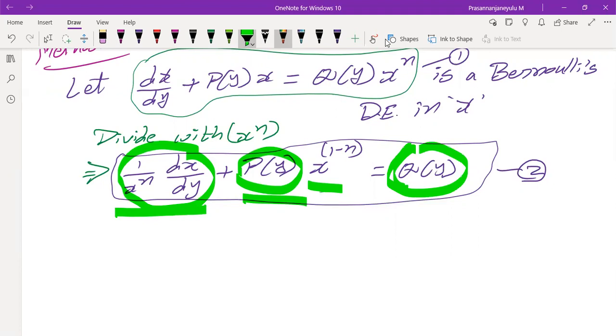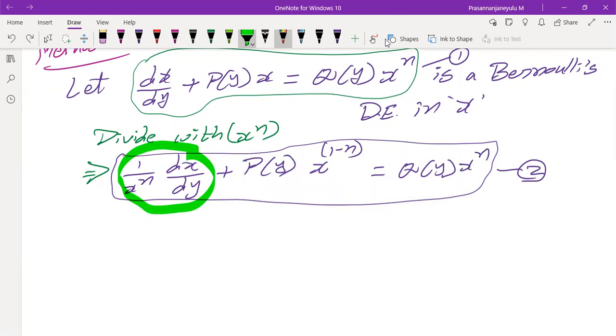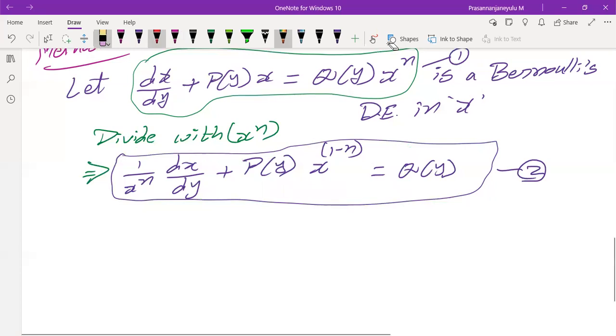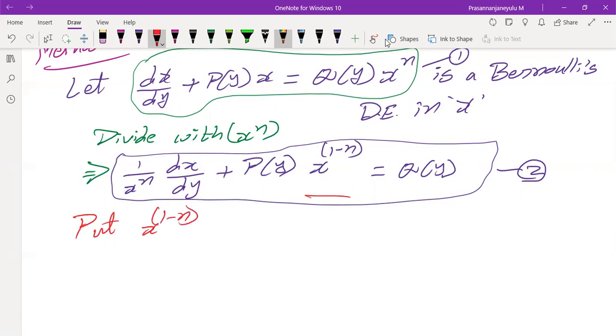Now, if we compare with the linear differential equation in terms of x, in place of x power 1, what do we have here? x power 1 minus n. So substitute x power 1 minus n equals a new variable. Put x power 1 minus n equals z.